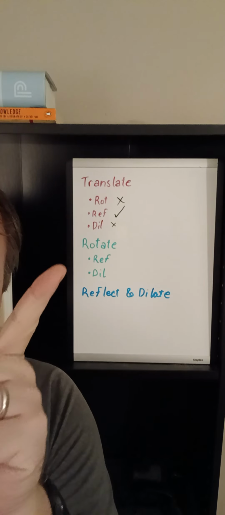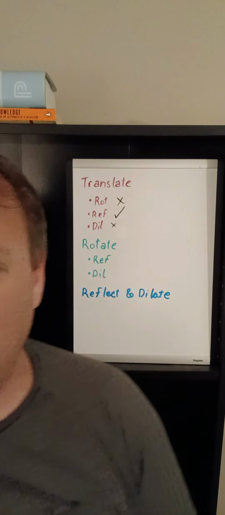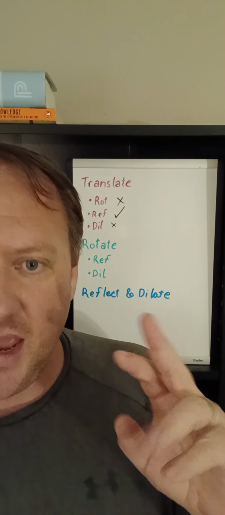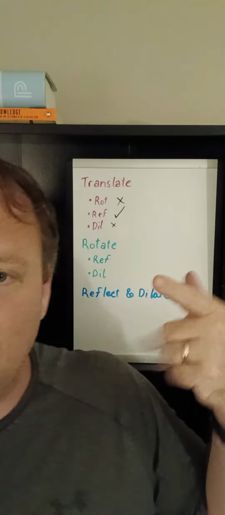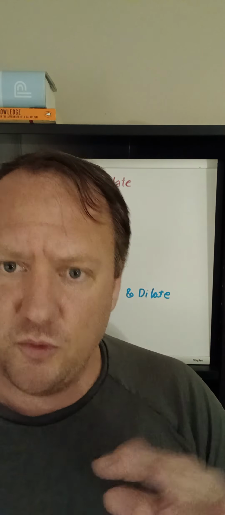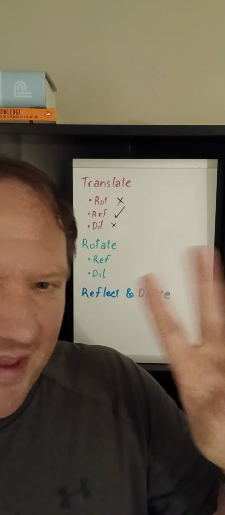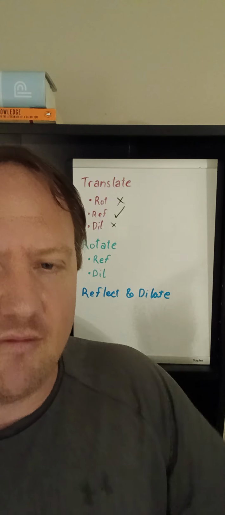Now, the next one's relatively hard to think about because we're going to do a rotation and a reflection. The rotation just leaves the origin point where it is, and then the reflection leaves the origin point where it is. So certainly the origin goes to the same place no matter which order you do it in, but that sounds like that could be deceptive. So let's think of a better point.